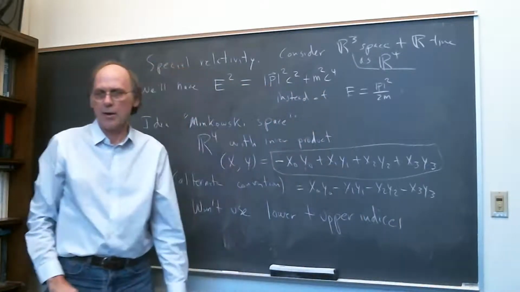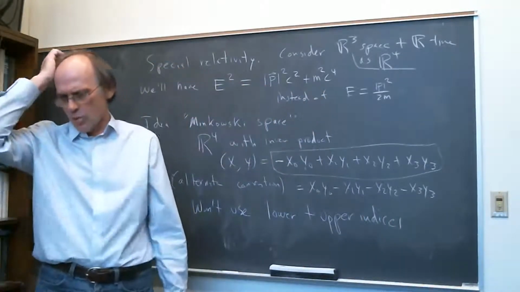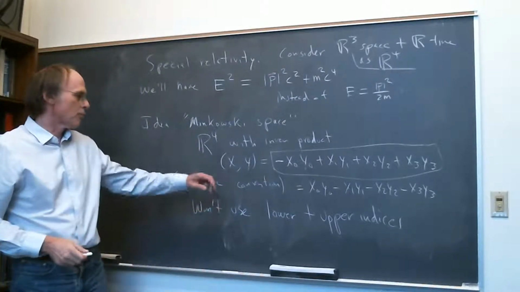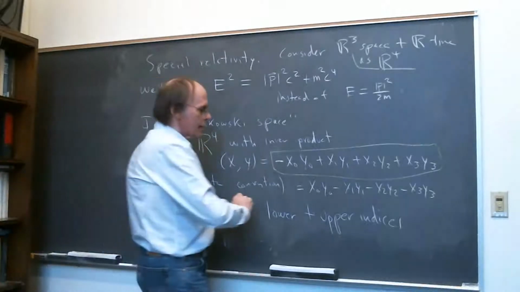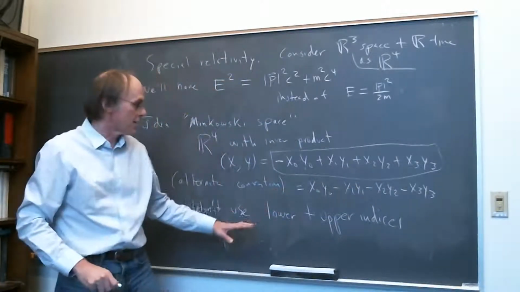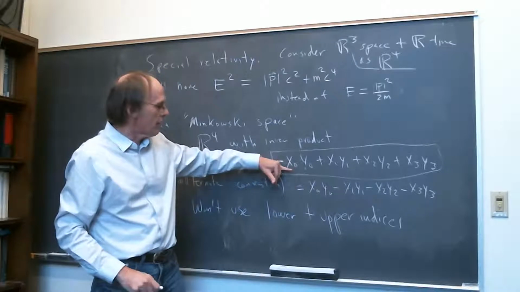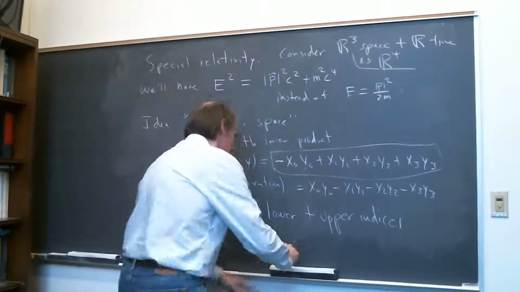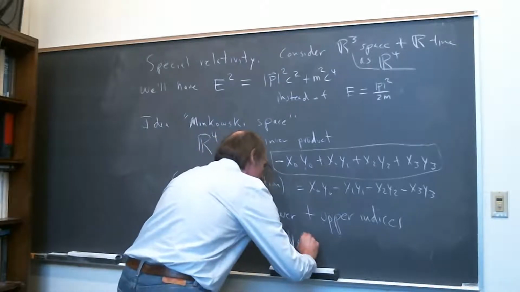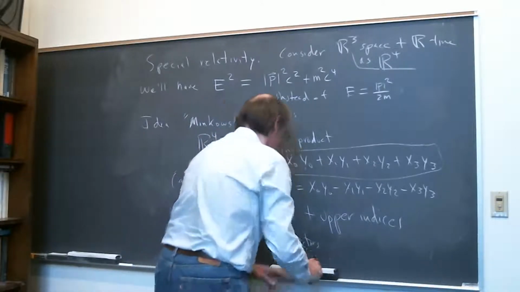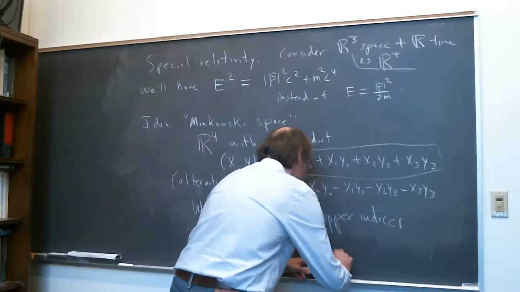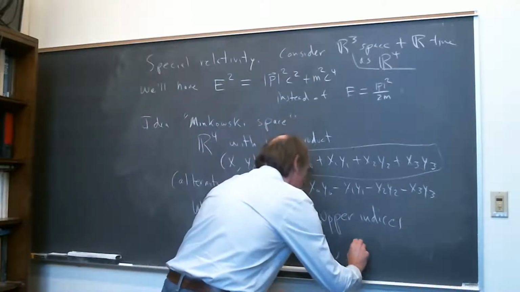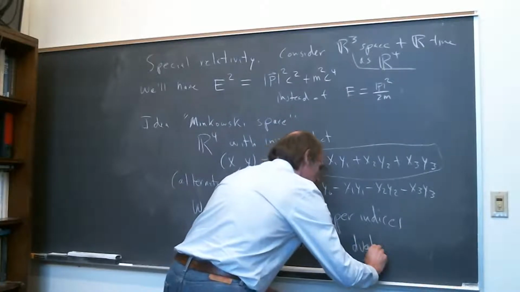There's a little bit of an explanation in the book, but it's fairly standard in discussions of this to work with upper and lower indices, which would correspond to components of vectors and dual vectors.